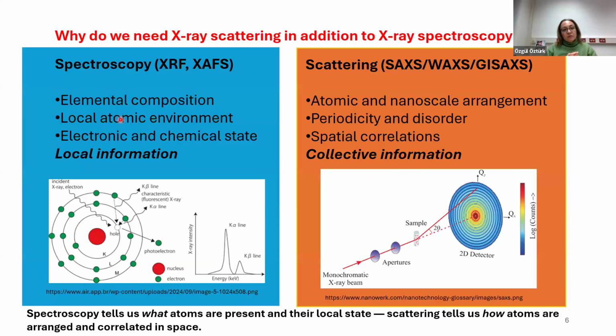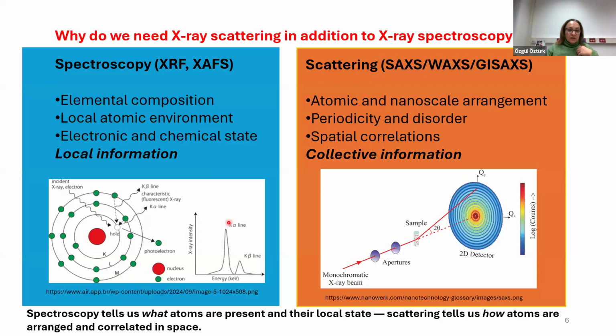And why do we need X-ray scattering in addition to X-ray spectroscopy, which you already saw yesterday and today? So, as I said in the previous lectures, you have seen X-ray fluorescence and X-ray absorption, which are incredibly powerful techniques.